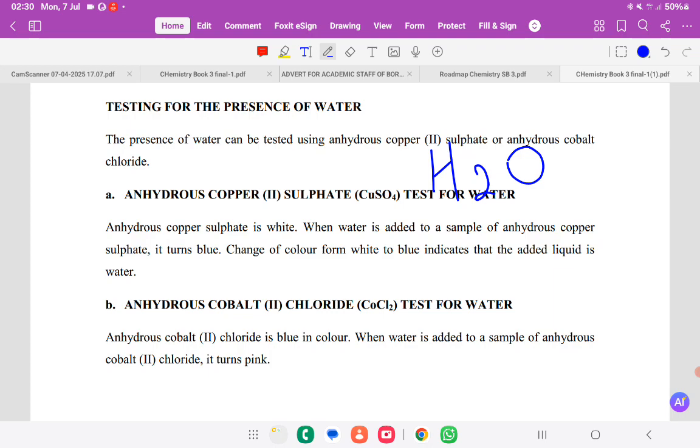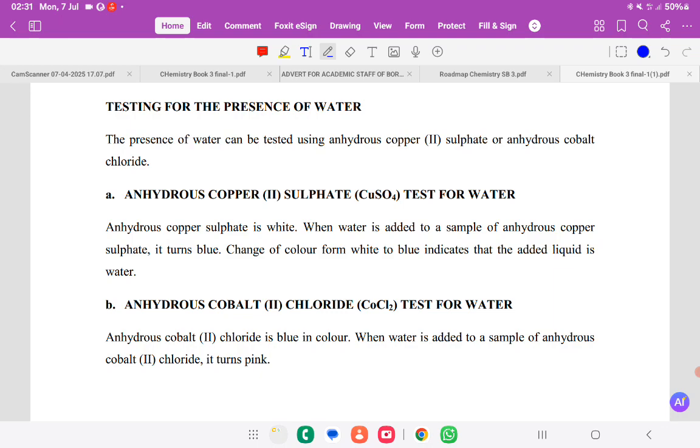Alright, so the presence of water can be tested using two reagents or chemicals, namely anhydrous copper sulfate and anhydrous cobalt chloride.